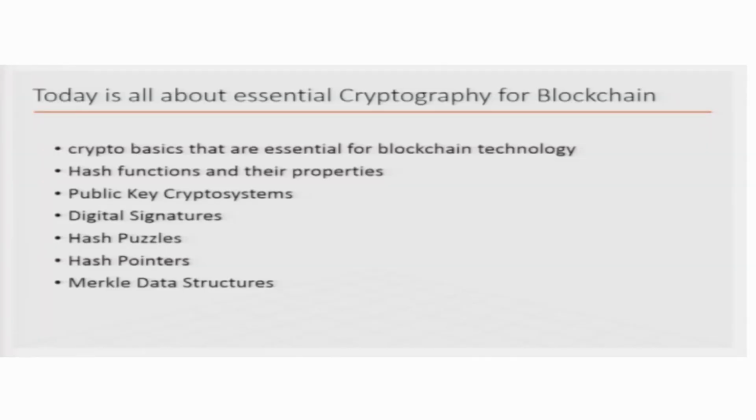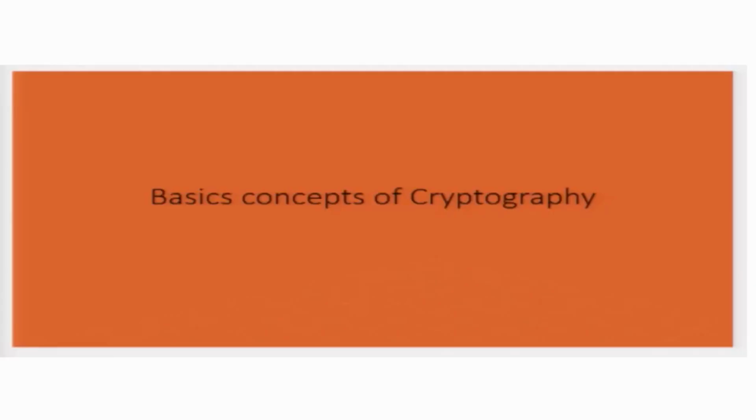And then we will talk a little bit about hash puzzles and hash pointers, and finally, we will talk about Merkle data structures, which is the data structure that is most commonly used in storing large amounts of data in blockchain. So, basic concepts of cryptography.